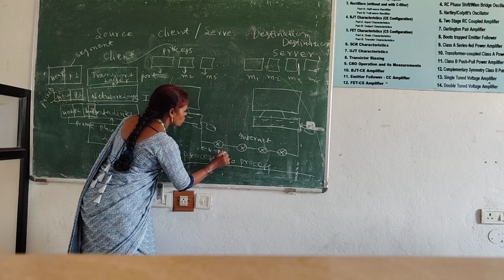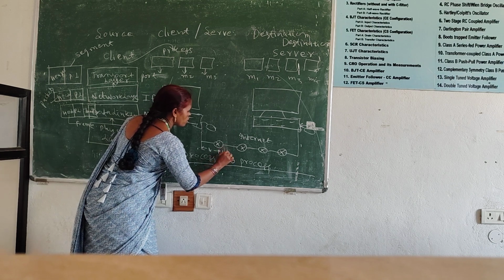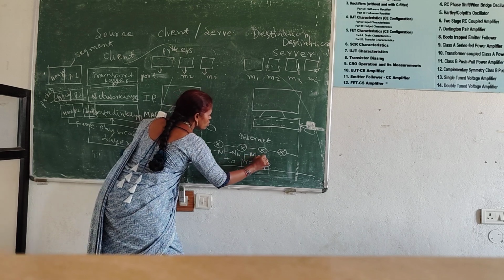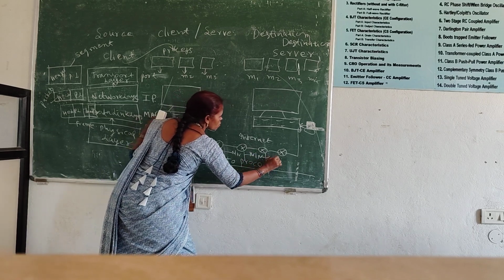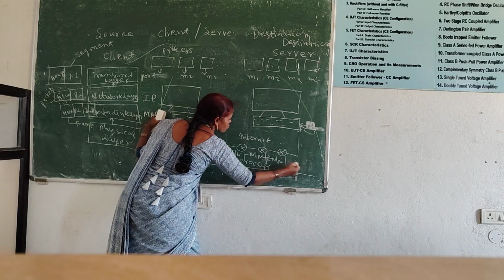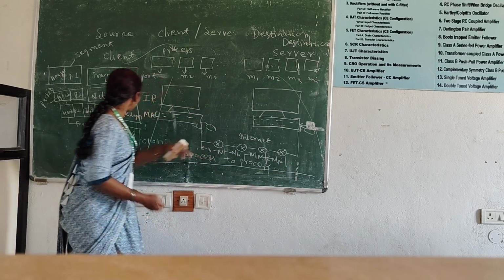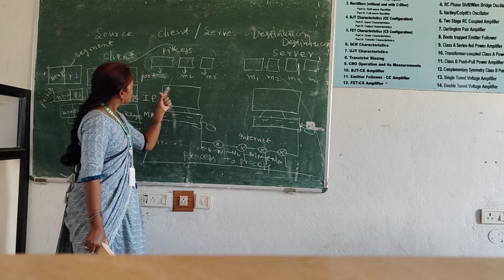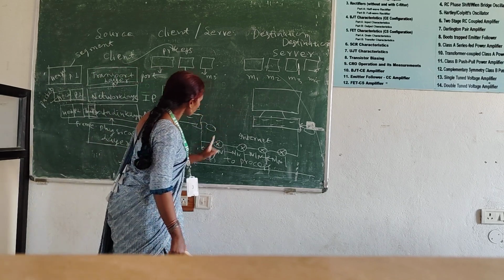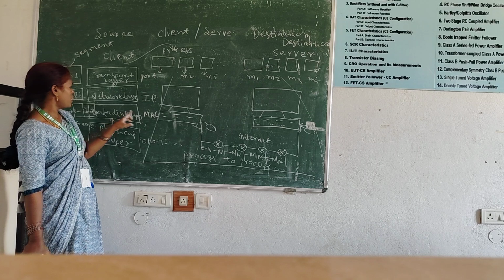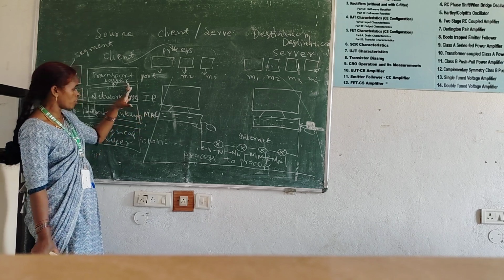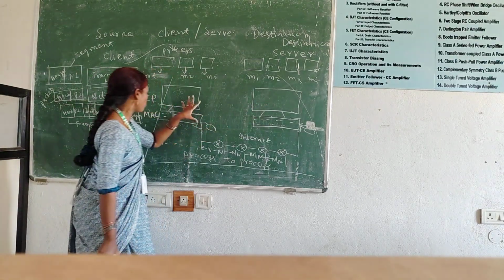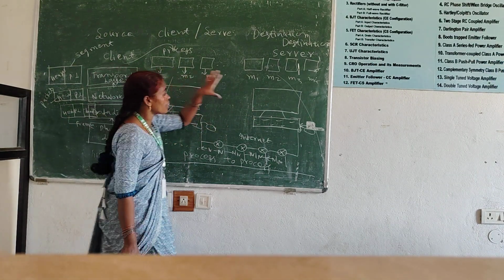Here also node to node, node to node, like that. The data will be transferred from sender to the receiver through the nodes in the data link layer. If we are talking about the network layer, data will be transferred from host to host. Directly we are talking about client and server only.